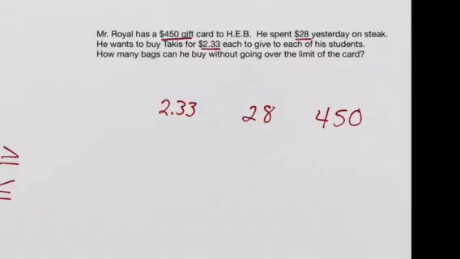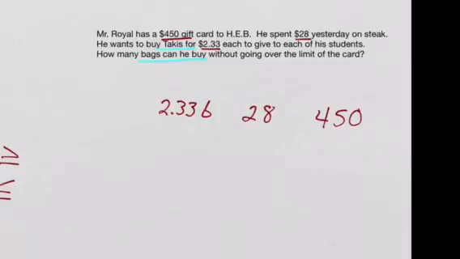So what I need to look at is the key words, bags can he buy. So which of the numbers deals with bags being bought? And of course we know that is the Takis for $2.33. So I am going to go ahead and write B after $2.33 because that is what the question is asking about.